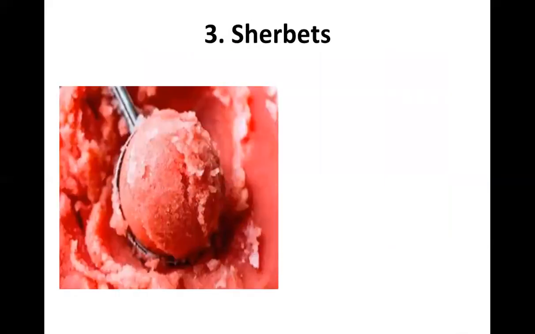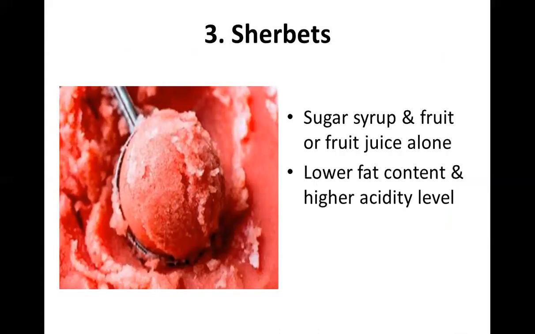Third, the third churn frozen dessert is sherbets. So the basic mixture for all sherbets is a combination of sugar syrup and fruit, or only fruit juice is used.